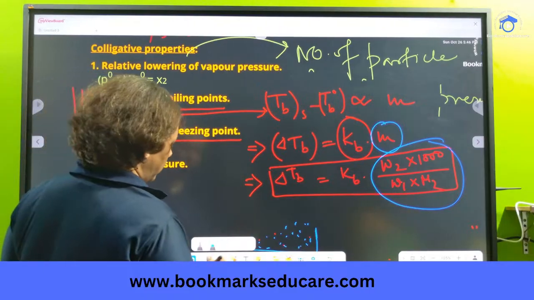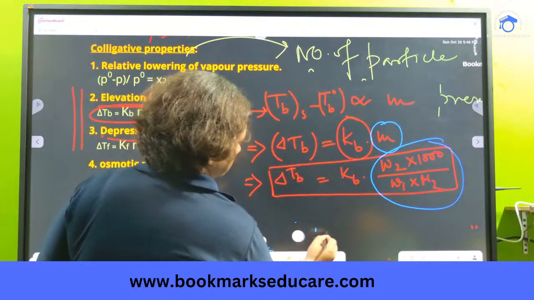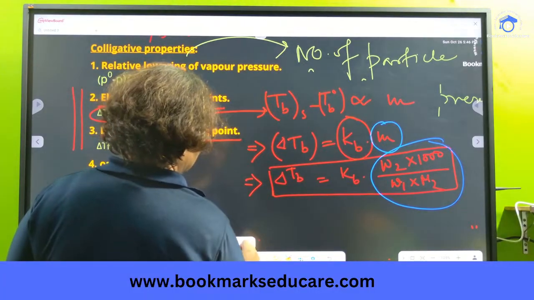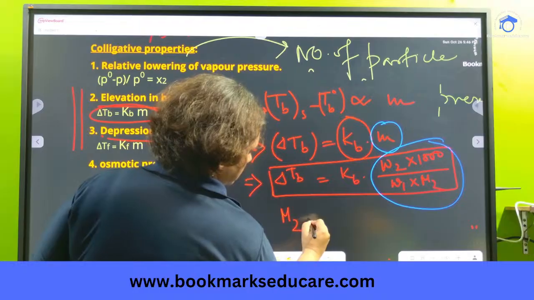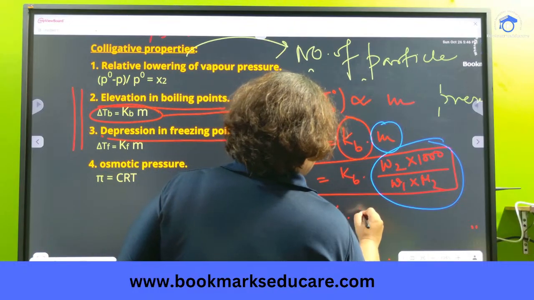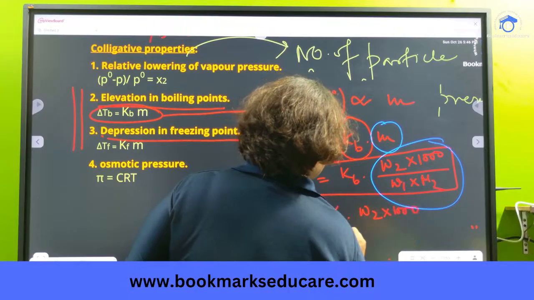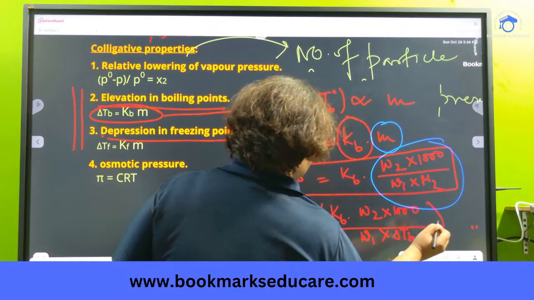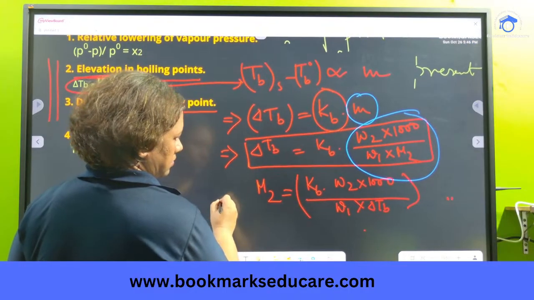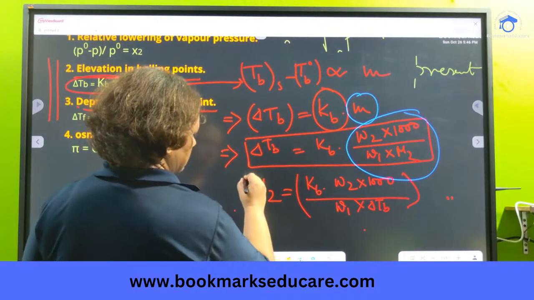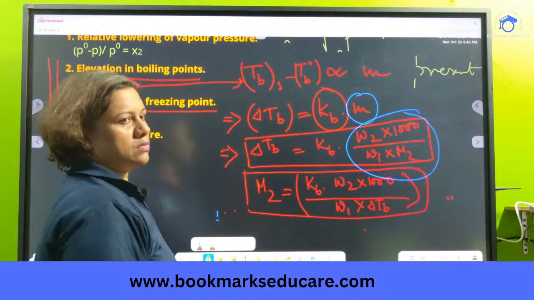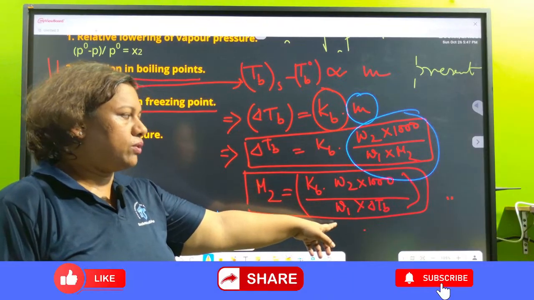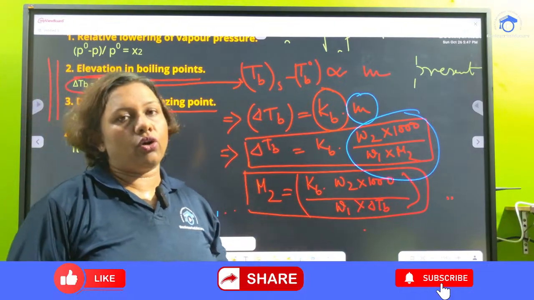Okay, again, if we want to do this, this is the relative molecular mass of the solute compared to the elevation of boiling point at colligative property.